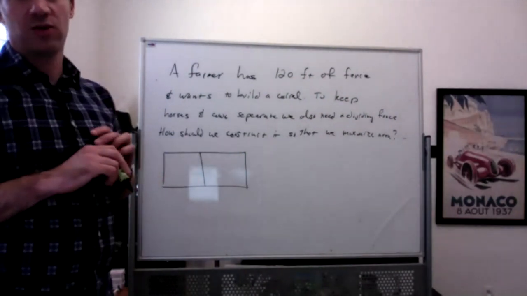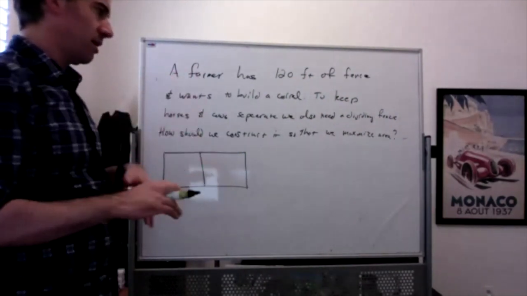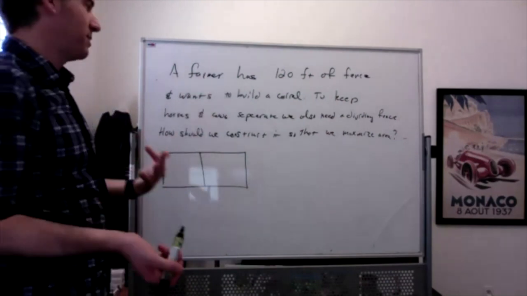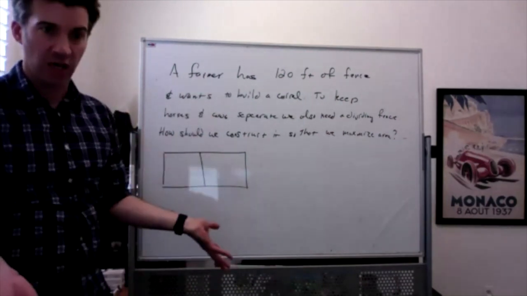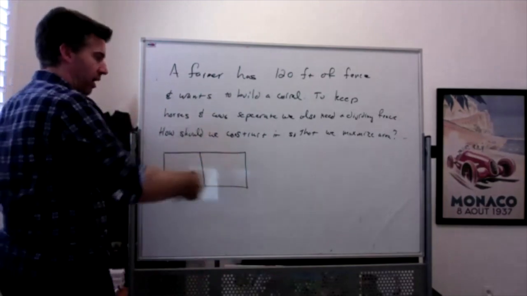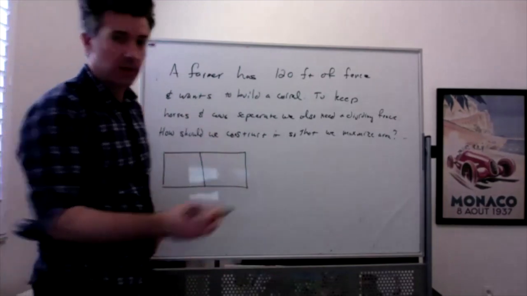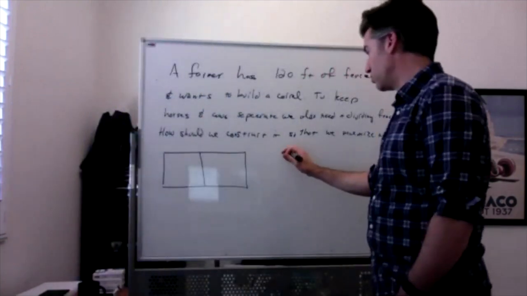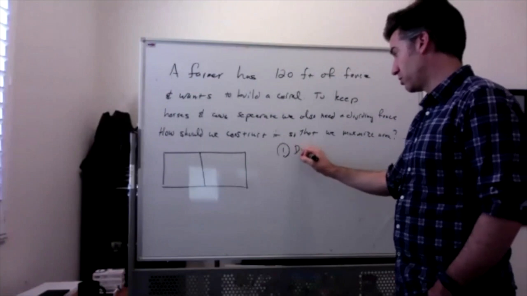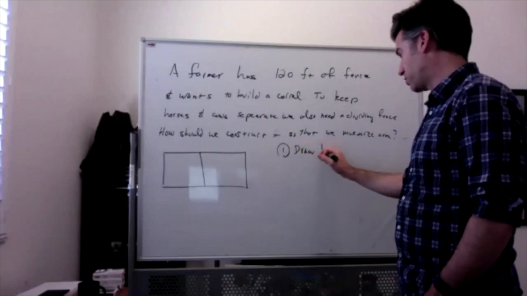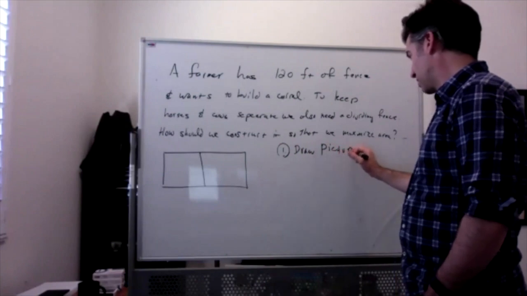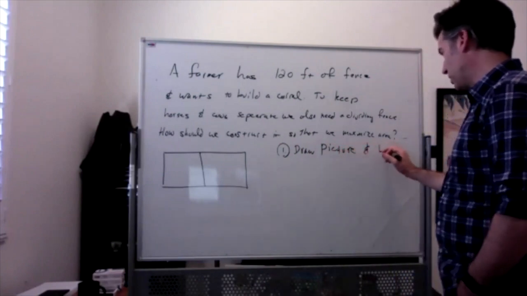And typically when we're trying to optimize some sort of thing, we usually want to draw a picture. So here's that picture representing the corral with the dividing fence in the middle. So the first step is usually, maybe not always, but often, to draw a picture and label it.